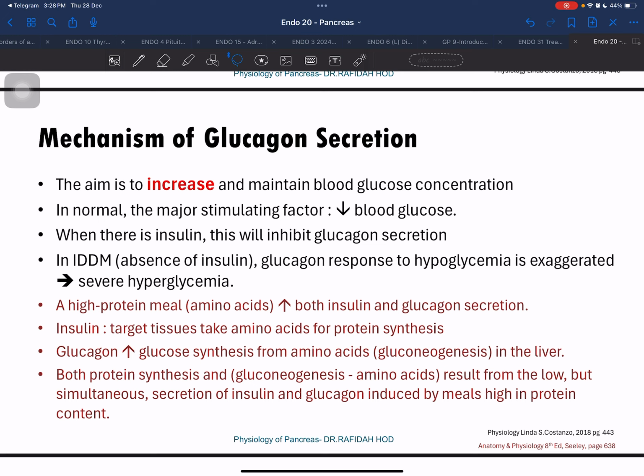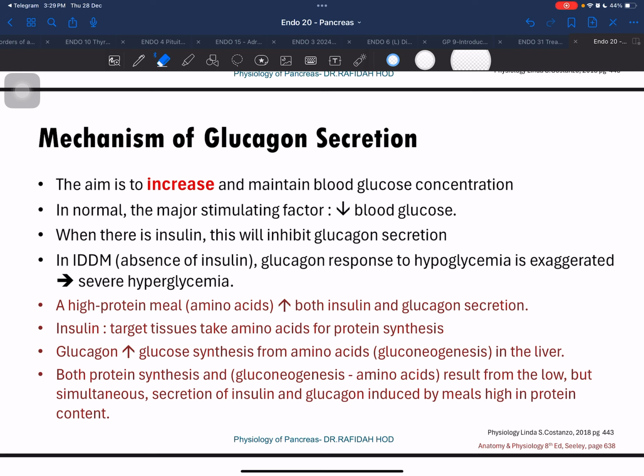So dalam condition where we have type 1 diabetes mellitus, nanti kita tengok the two types ni, type 1 and type 2. Kalau type 1 ni, dia punya condition is there is no insulin dalam the circulation. So in that case, this glucagon will actually respond to the hypoglycemia in an exaggerated way.